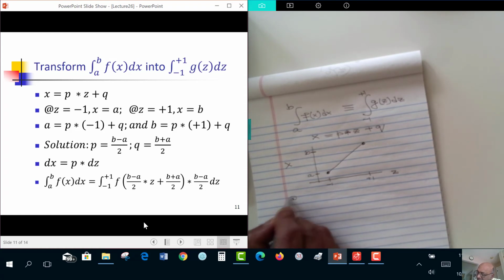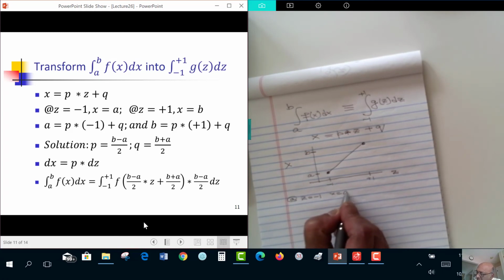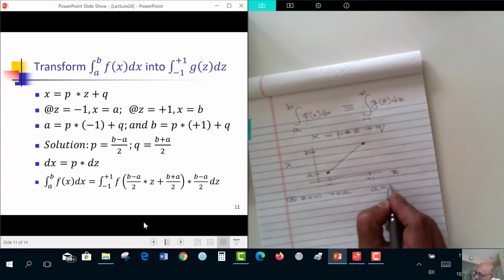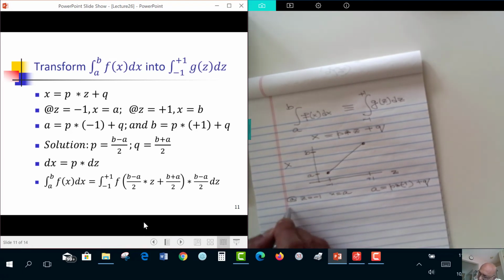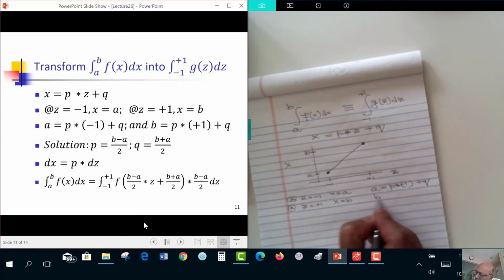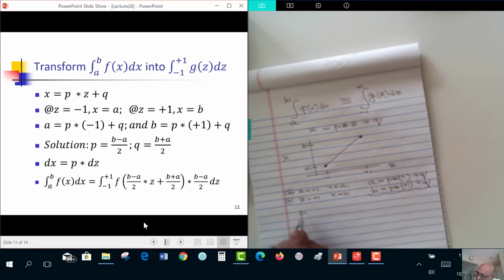Therefore, at z is equal to -1, x is a. So we can write a is p times -1 plus q. At z is equal to +1, x is b. So b is p times +1 plus q. So again, we have two equations, two unknowns, and we can solve for p and q. So p is (b minus a) over 2, and q is (b plus a) over 2.